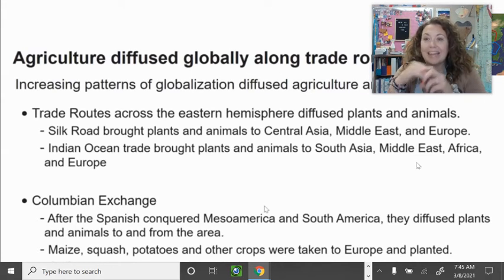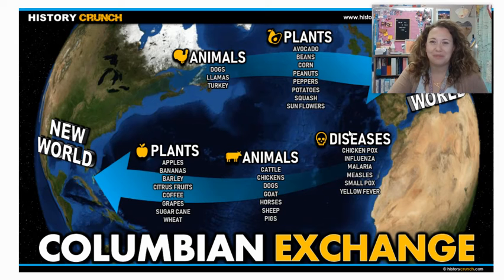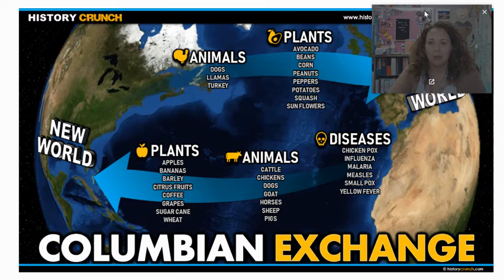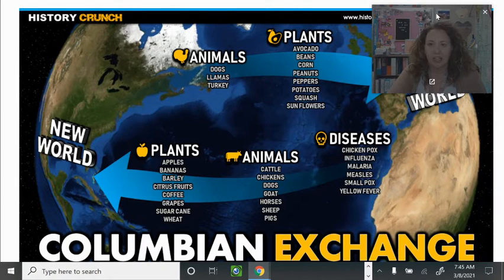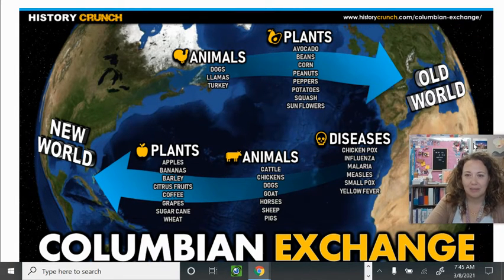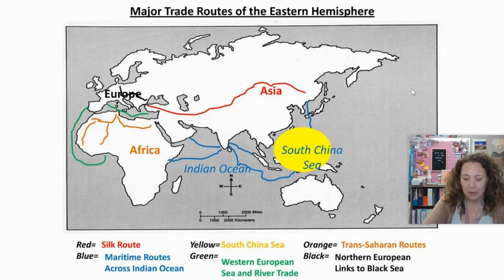So they would bring back things to Europe, like, wow, we ate this incredible plant in Central America, and now we're bringing it back to the king or queen in Spain. Okay, cool little thing here again on the Columbian Exchange, and you can see the back and forth of this.